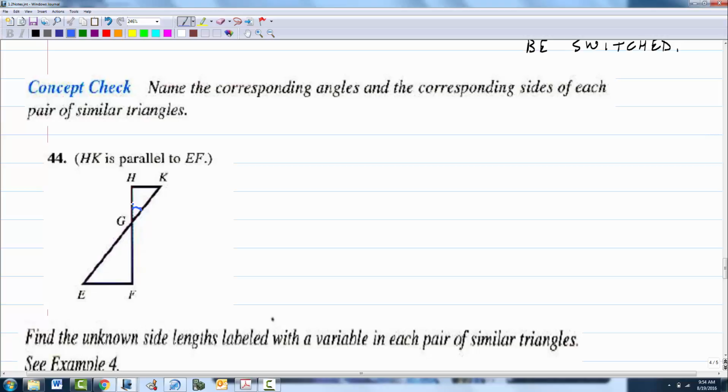Yeah, go ahead, sir. HGK. Who is HGK congruent to? EGF or FGE? Now that starts the ball rolling. Who is angle H equal to according to this parallel statement that this line is parallel to this line? Who's angle H congruent to then? It is F. Why?